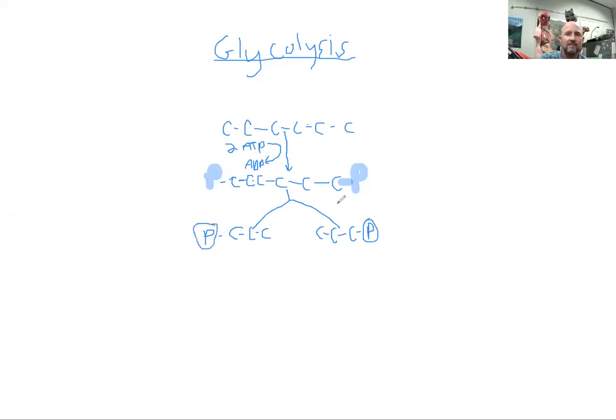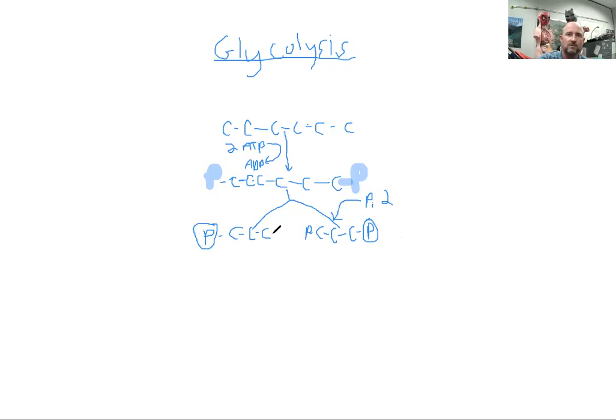And as this happens, we're going to have inorganic phosphates just floating around. This Pi stands for inorganic phosphate. These are just floating around out in your cells, and 2 of these are going to come into the equation here, and they're going to be put on the other side of this.